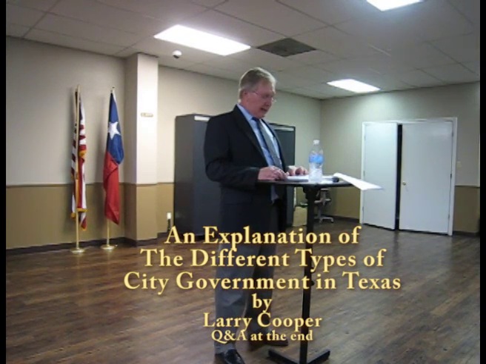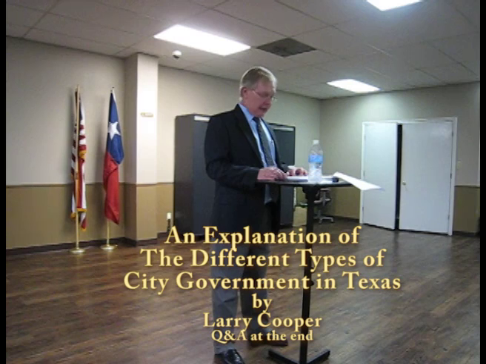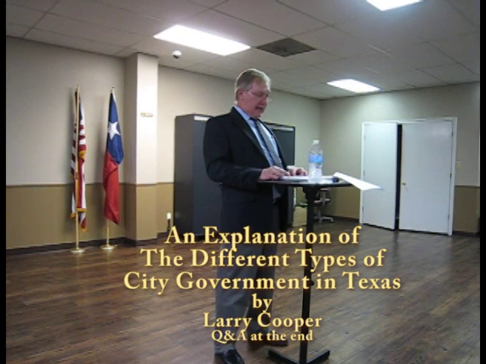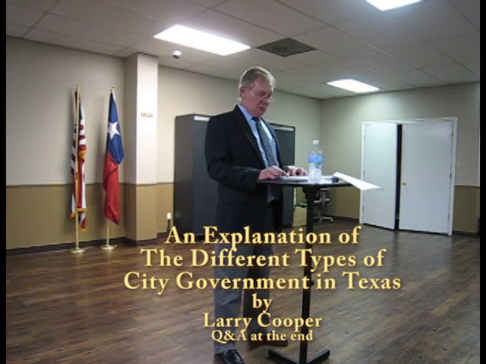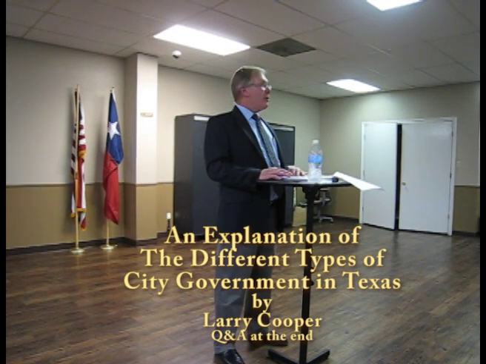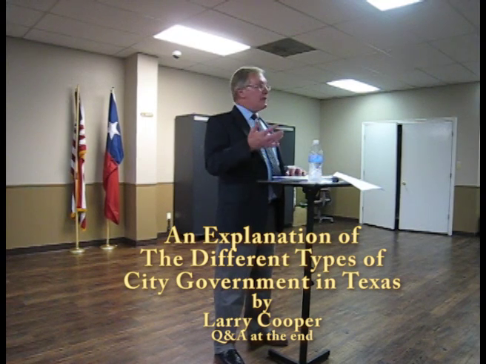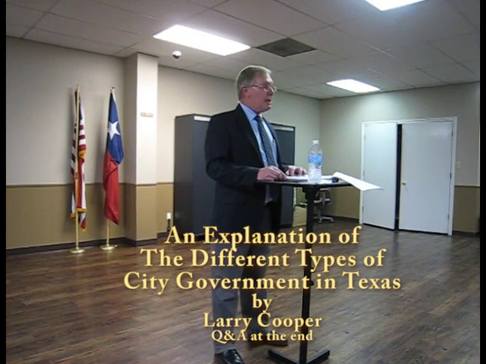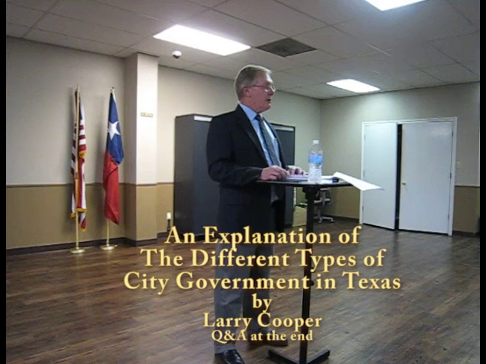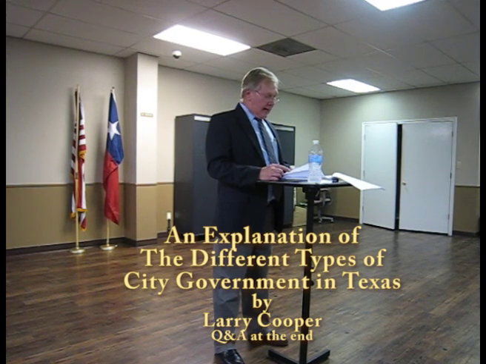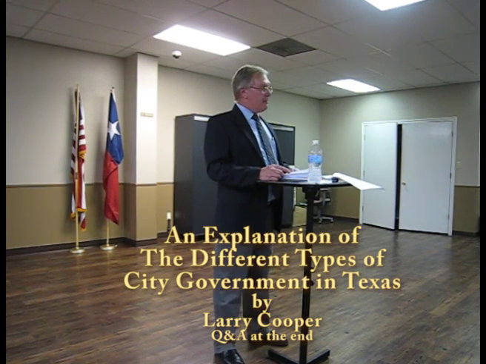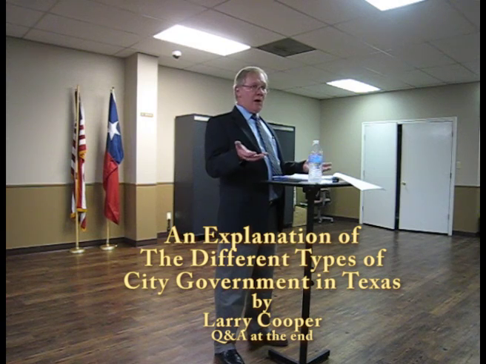Then there are Type B cities, and they have populations between 2,001 and 10,000. They have a mayor and 4 aldermen. And a Type B can become a Type A if they want to, once they reach a population of 600 or more.